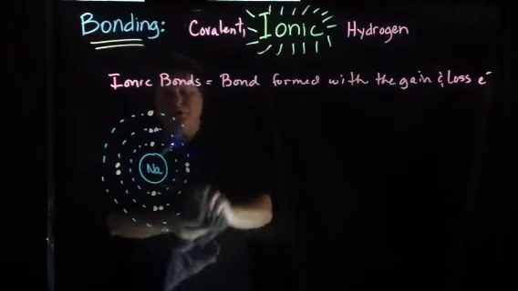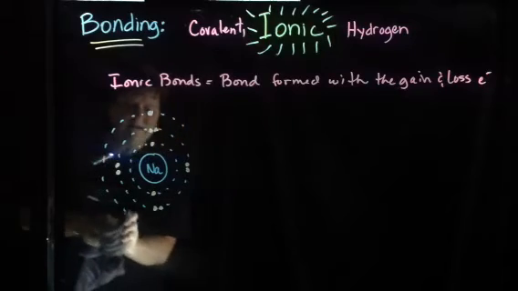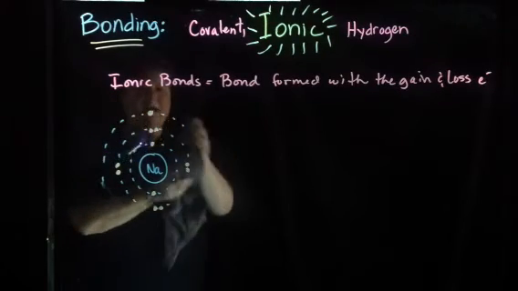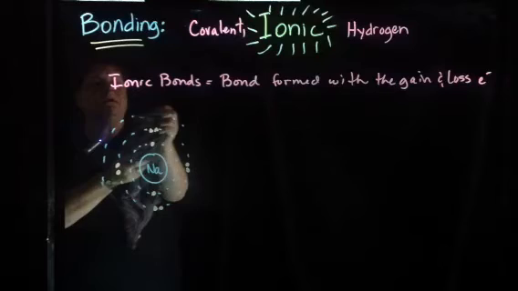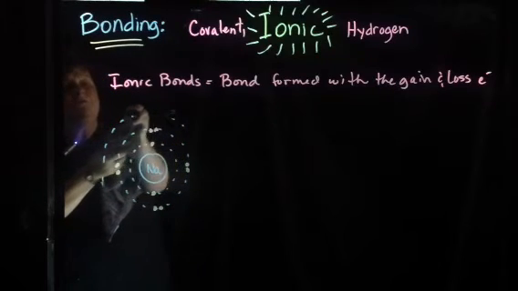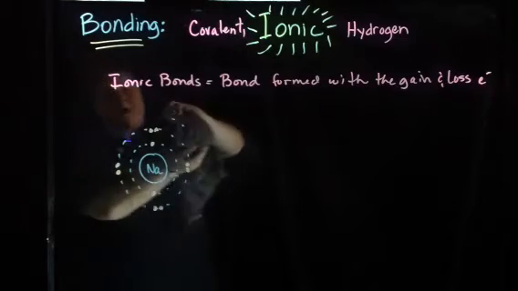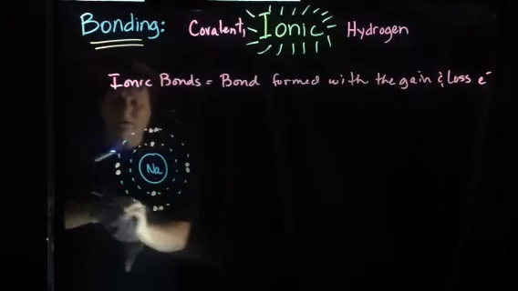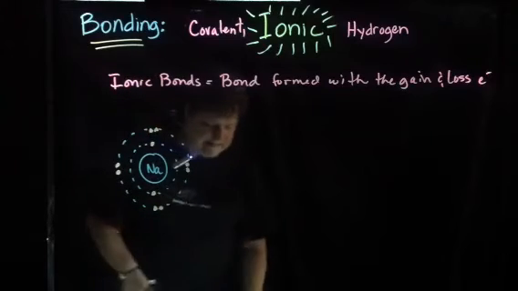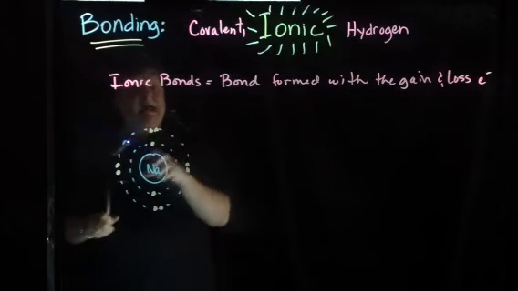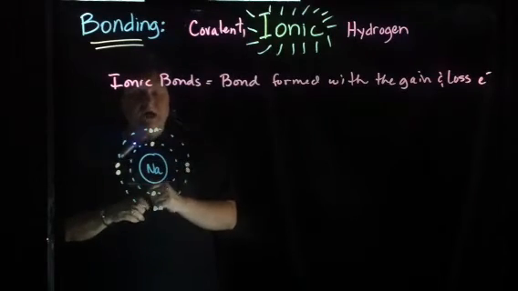And let's lose this 1 electron. If I lose this electron out here, that means that I have no orbital. And so if we look here now at our outermost orbital, it has 8 electrons in it, and this now is full and fulfills that octet rule.